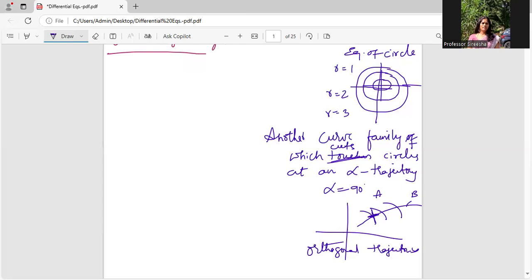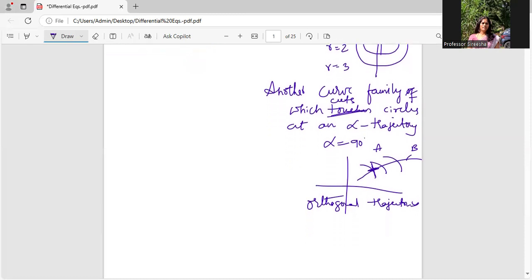If this much is clear, then orthogonal trajectories means the curves are cutting at an angle of 90 degrees. How do I know that? I'll draw their tangents and then measure the angle between them. But physically, every time I cannot measure the angle using a protractor or something like that.